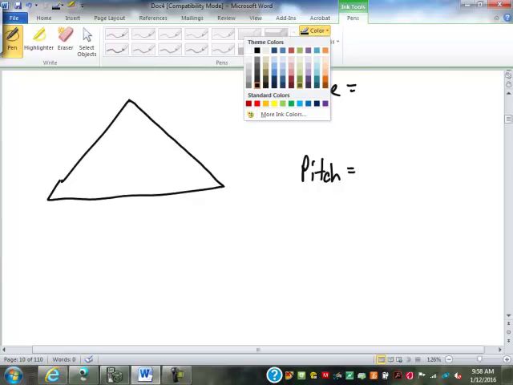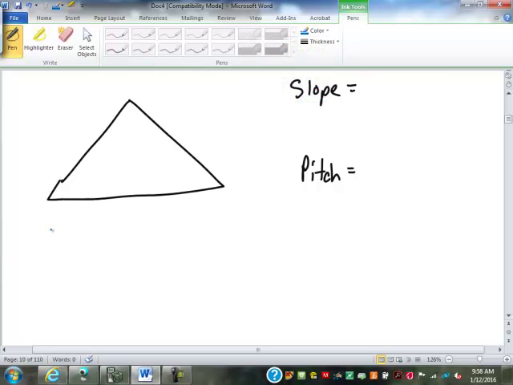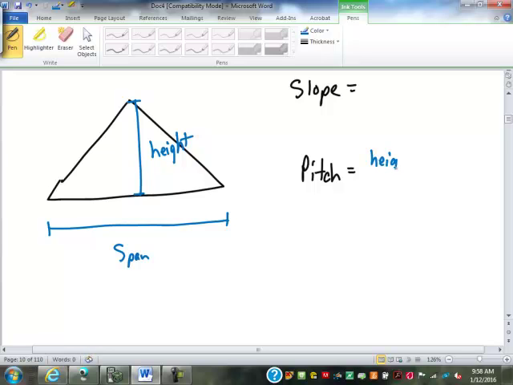I kind of figured that's how it'd go. Well, slope is always given as out of 12, but there's also a difference in where they come from as well. So let's look at the span of a roof with a given height. The pitch is always the height over the span. That is the technical definition of pitch.